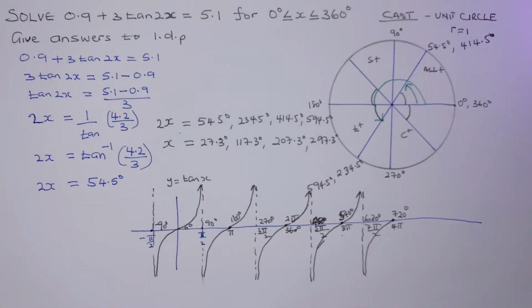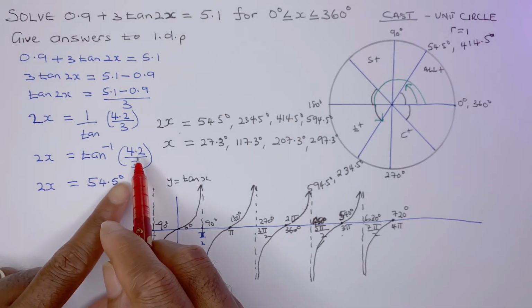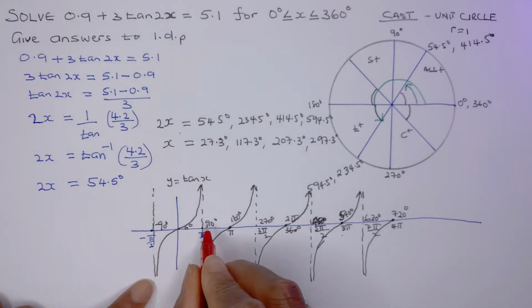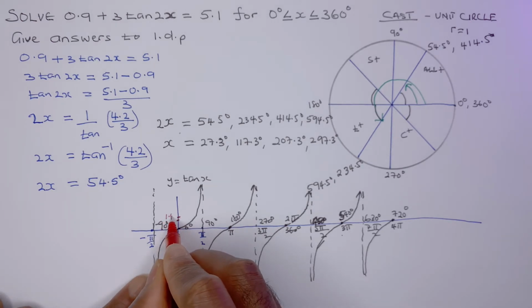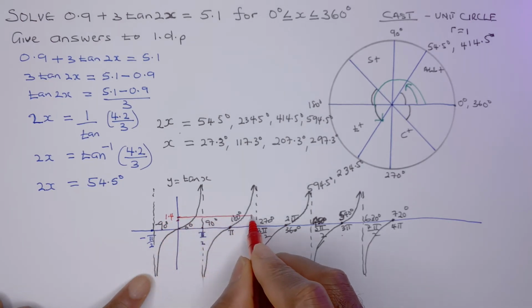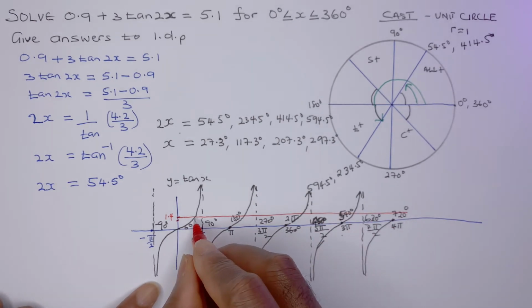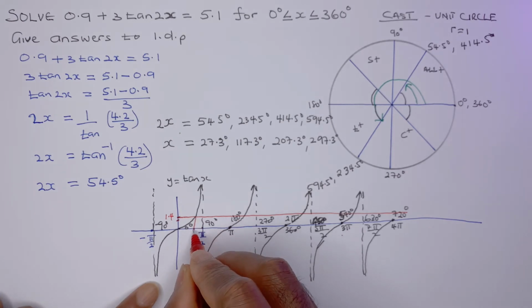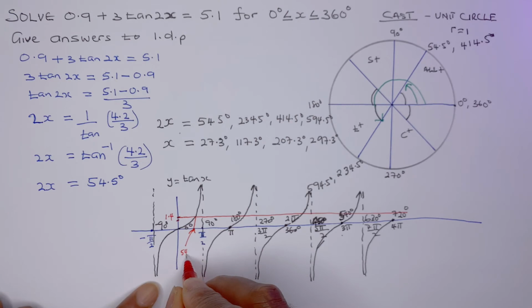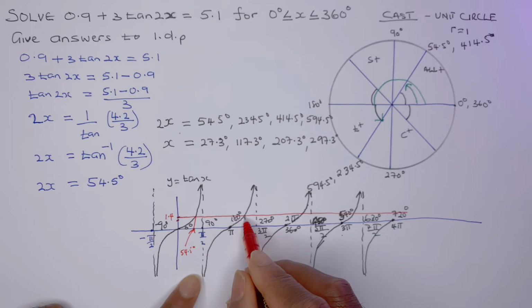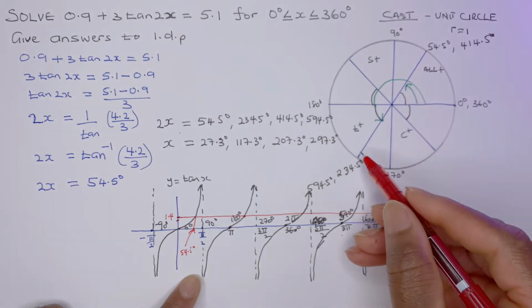But what we need is the value of 4.2 over 3. So 4.2 over 3 is 1.4. It's a positive value, so that's 1.4. And if you trace along there, you can see where it cuts the curves. Here, that point is 54.5 degrees. And then the next point along, you add 180 to that. You can see that's what we did when we went from 54, we added 180.